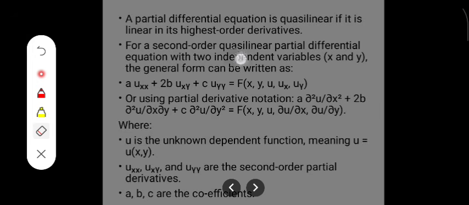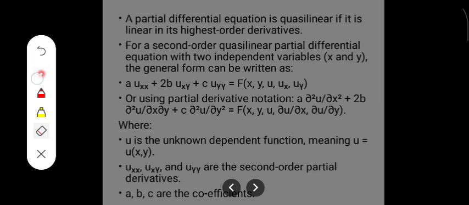For a second order quasi-linear partial differential equation with two independent variables s and y, the general form can be written as a multiplied by u subscript ss plus 2b multiplied by u subscript sy plus c multiplied by u subscript yy, which is equal to the non-homogeneous term, which can be a function of s, a function of y, a function of u itself, or a function of the derivative of u, or a function of the derivative of y.